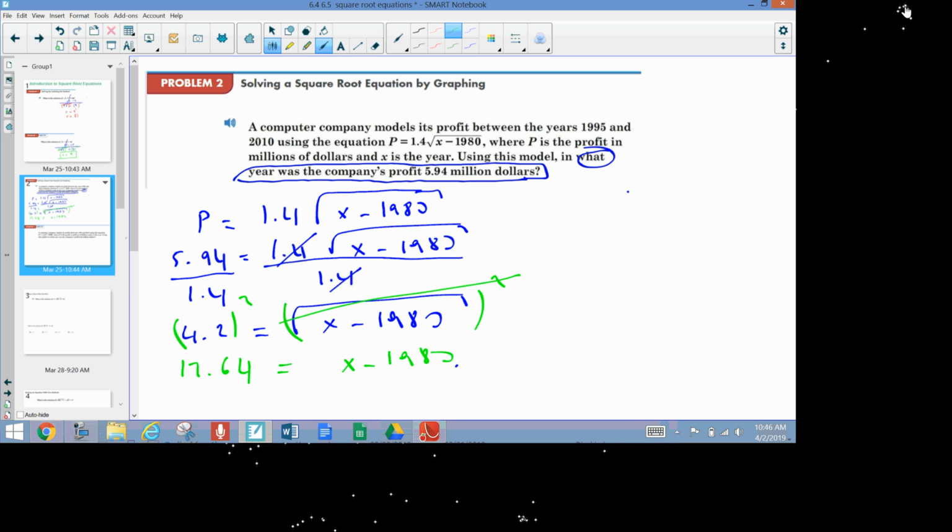Then we're going to add 1980 to both hand sides. So the result is going to be x equal to 1997.64, rounded up 1998.